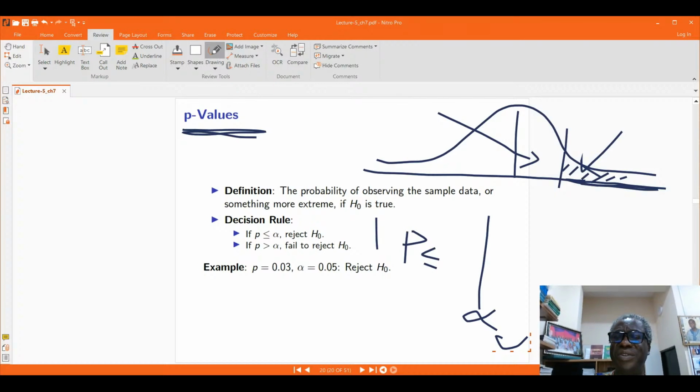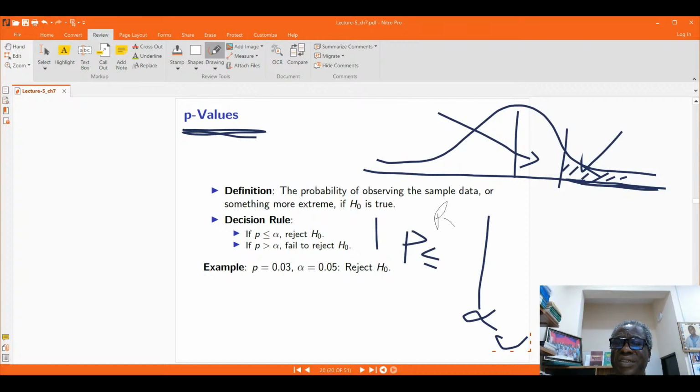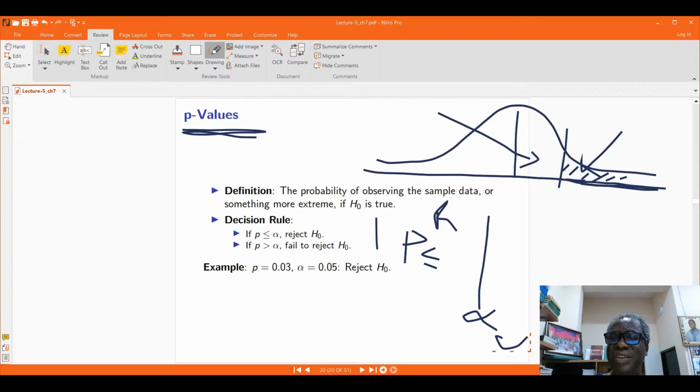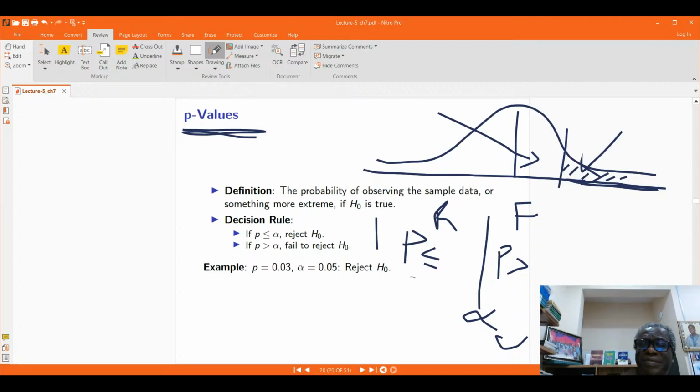If p is greater, then you fail to reject. Take note of that.